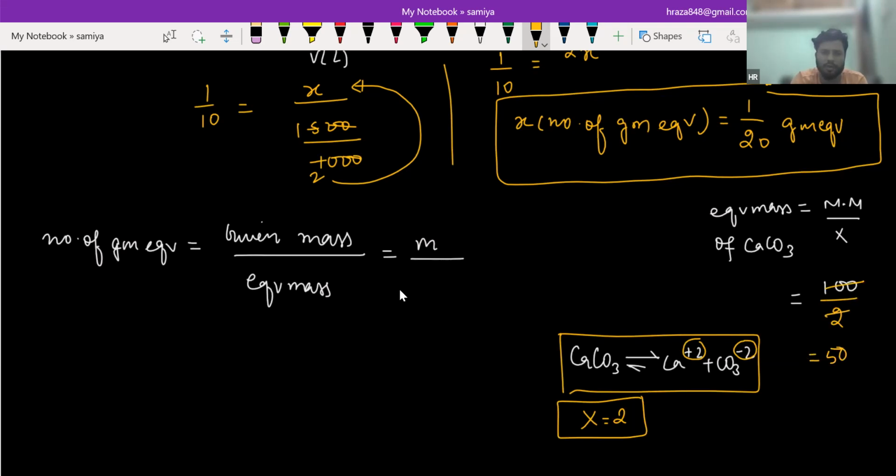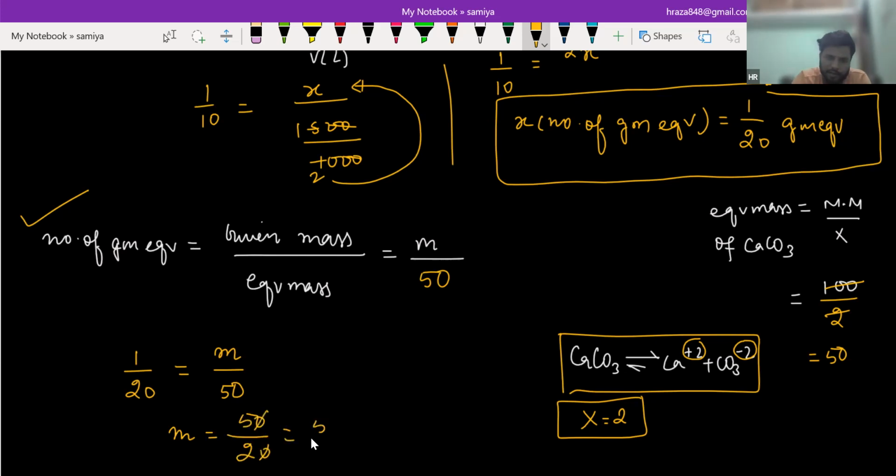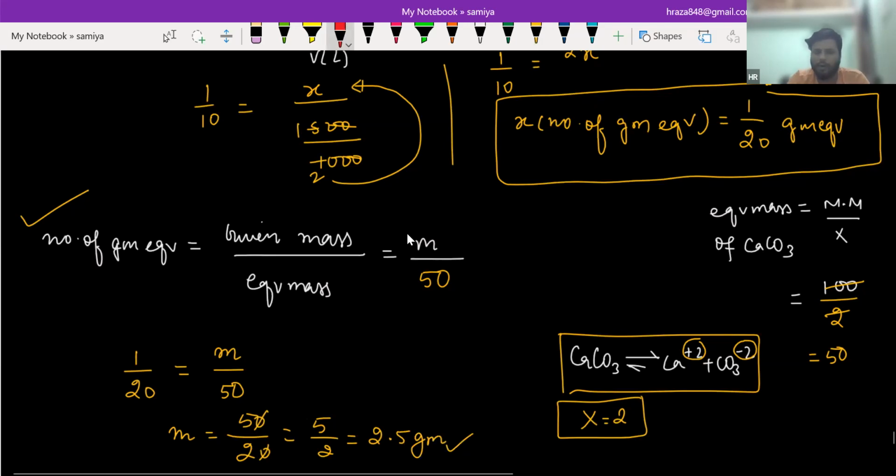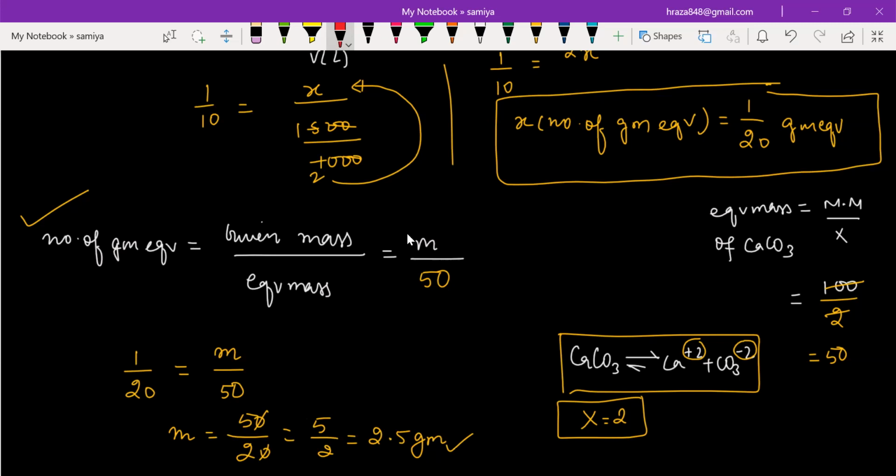Now number of gram equivalent, 1 by 20, is equal to m upon 50. Again, you can calculate m will be equal to 50 upon 20. The 0 will be cancelled, and it is 5 by 2, that means 2.5 gram. Got it or not? Yes, sir.